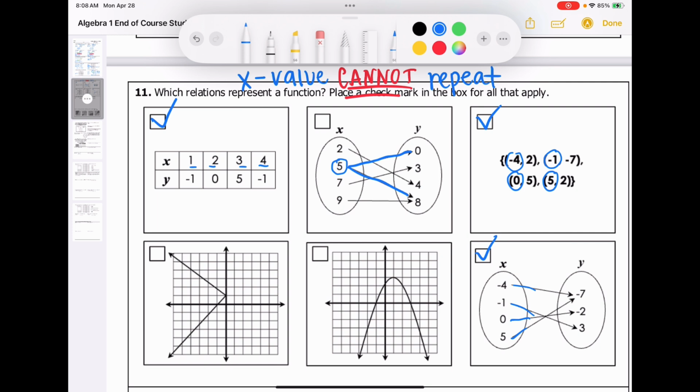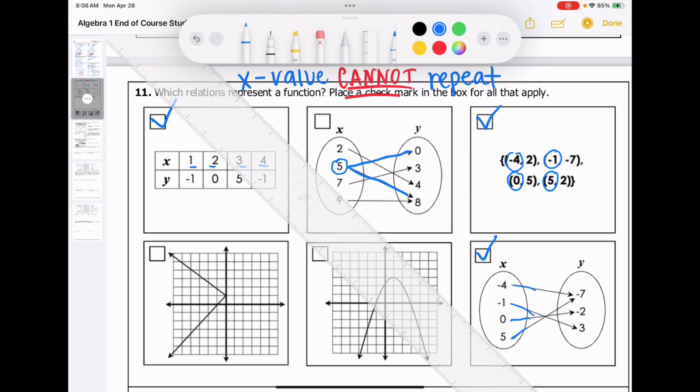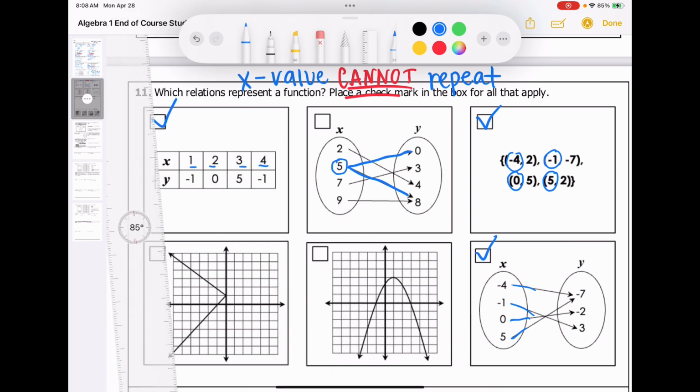Now, when you're looking at a graph, what you have to do is the vertical line test. So if I were to take my pencil and drag it across my graph, and if it hits my pencil at 2 different points at the same time, that means that that would not be a function. So this graph right here is actually not a function because it's hitting my pencil up here and down here at the exact same time.